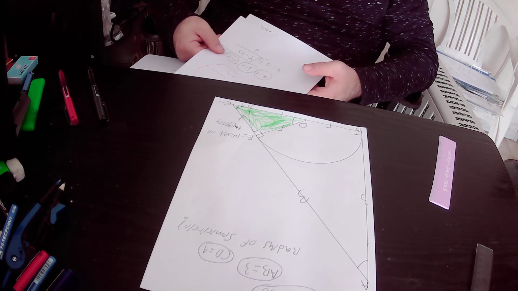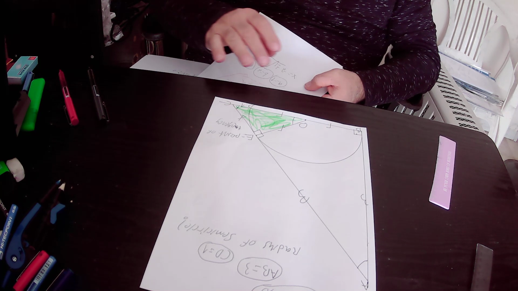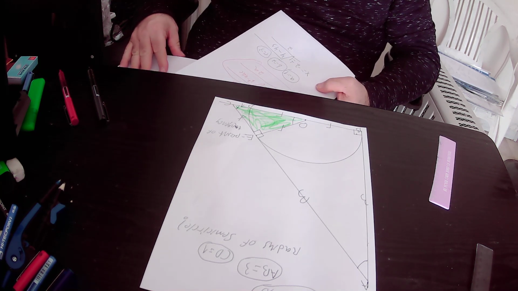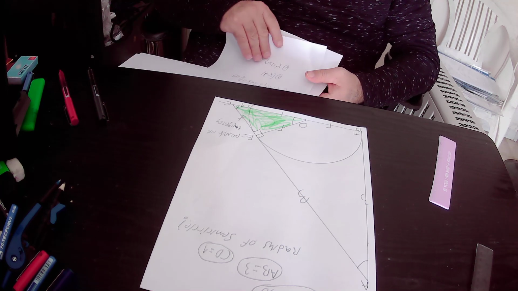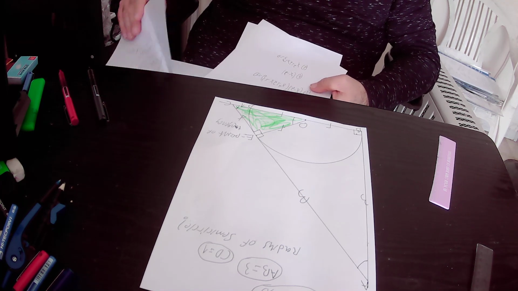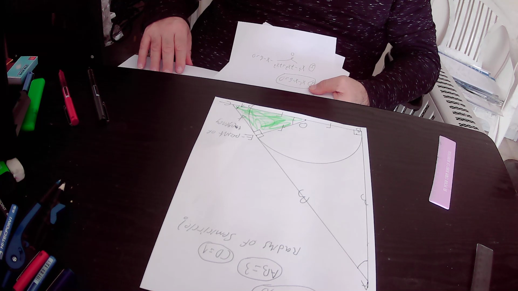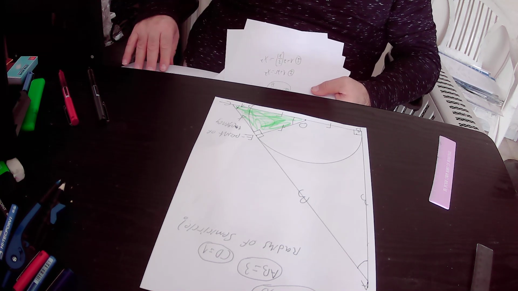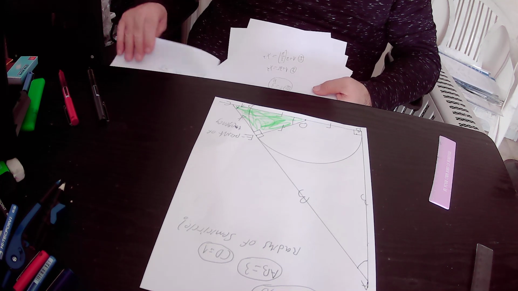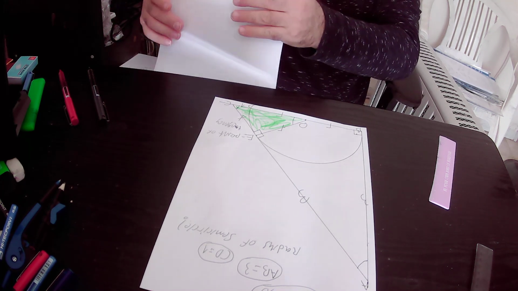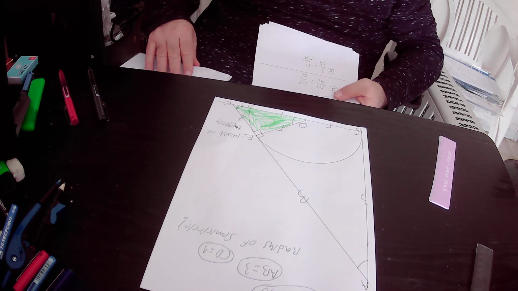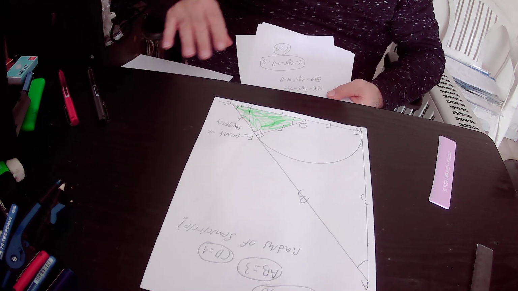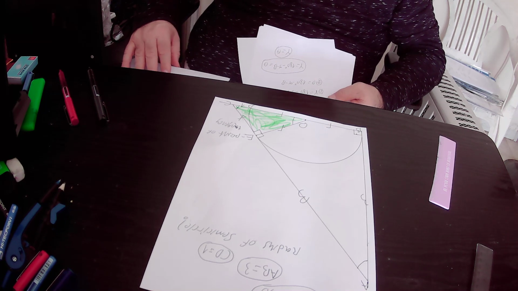Actually, in order to find the radius of this semicircle, we must use 3 new rules. I presented to you 3 new rules, and we implemented those 3 new rules in our drawing in order to find the radius of this semicircle.